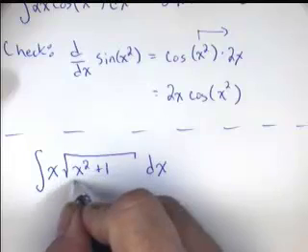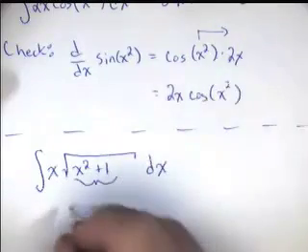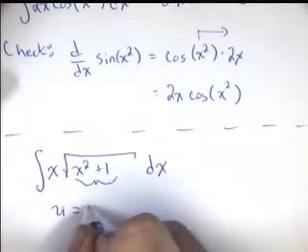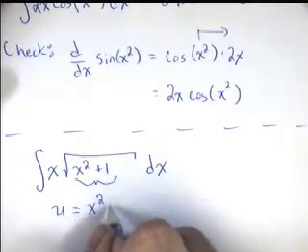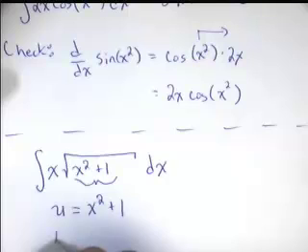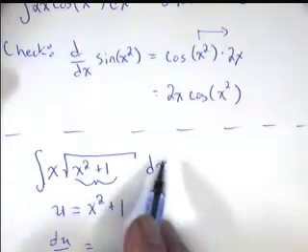Here's the procedure. I'm going to take this inside function, it's inside the square root. I'm going to call that u. I'm going to let u be a function of x. And then I'm going to need to know what the derivative of u is. In other words, what's the derivative of this inside function going to look like when it shows up outside?